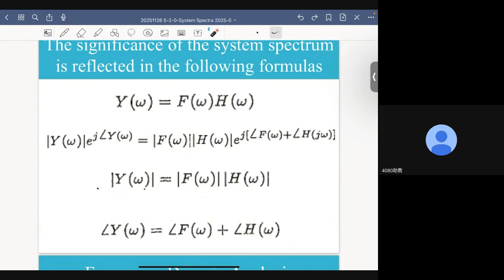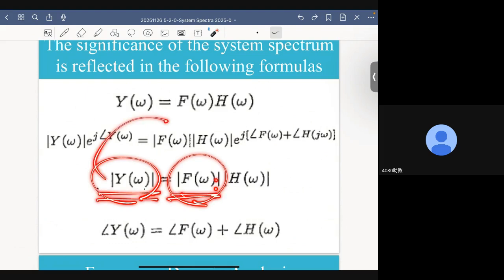Remember, this is the amplitude spectrum of the input signal. This is the output. Input and output have different amplitude spectra, of course.